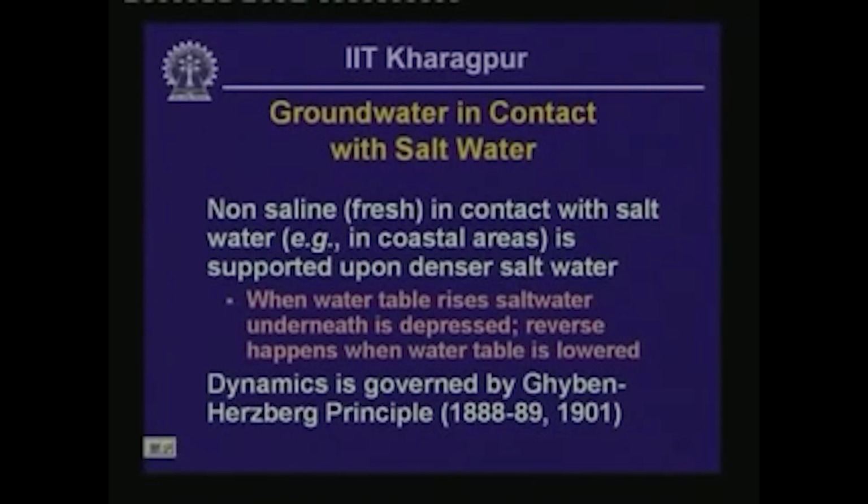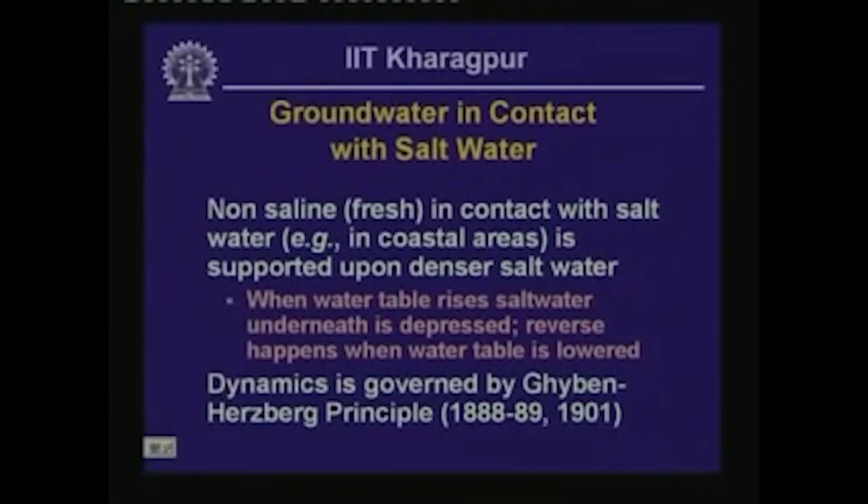Now what happens in a coastal area is non-saline water or fresh water is in contact with salt water, and because salt water is denser than fresh water, the fresh water forms a lens supported on top of salt water.